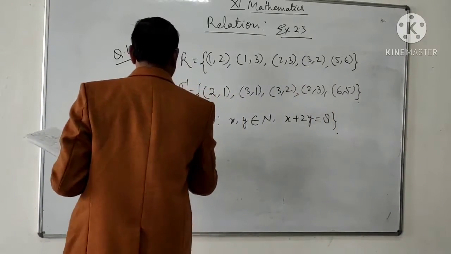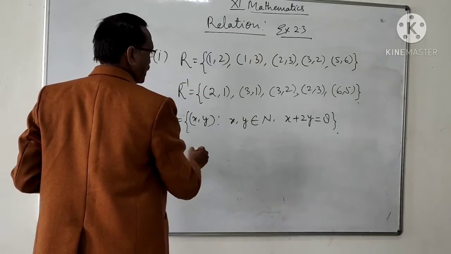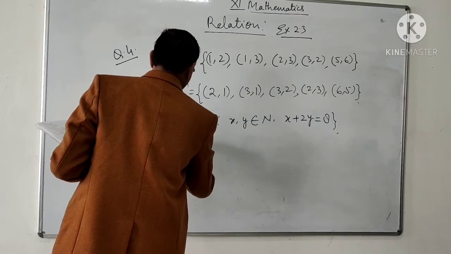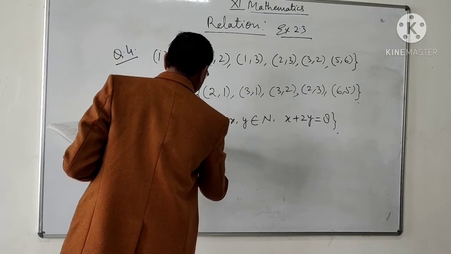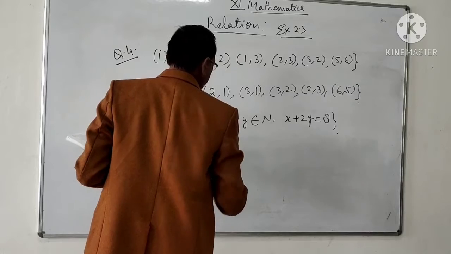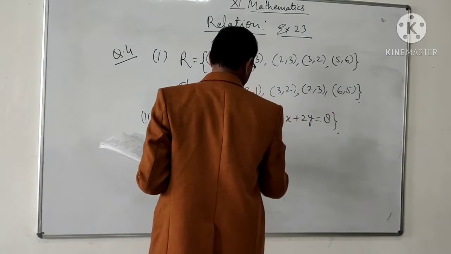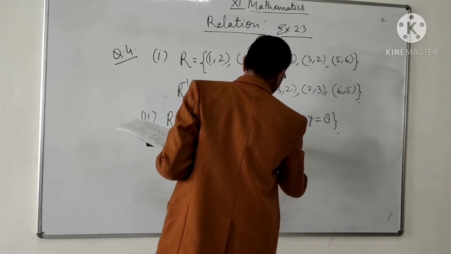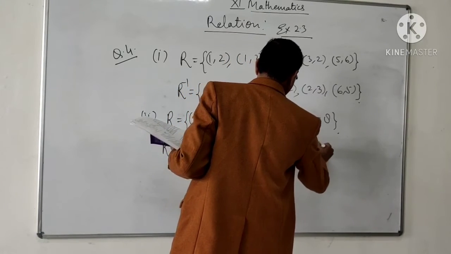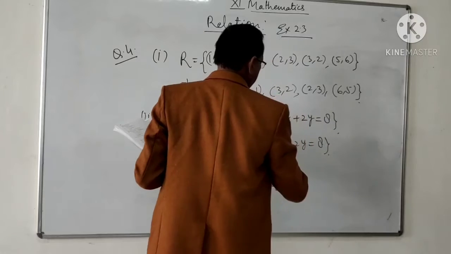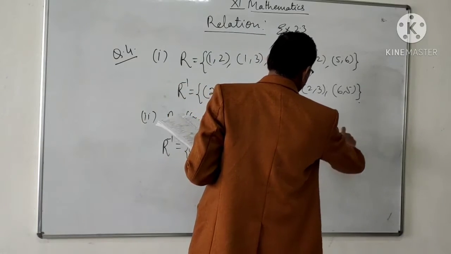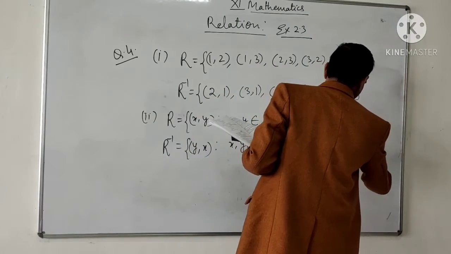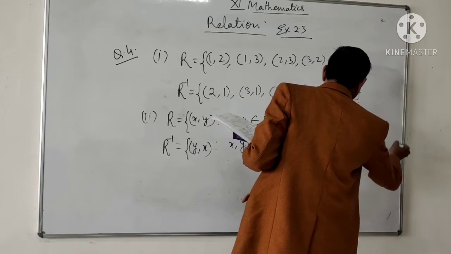So same here, R inverse equal to y comma x such that, this language will be same, x plus 2y equal to 8, or we can say y equal to 8 minus x upon 2.